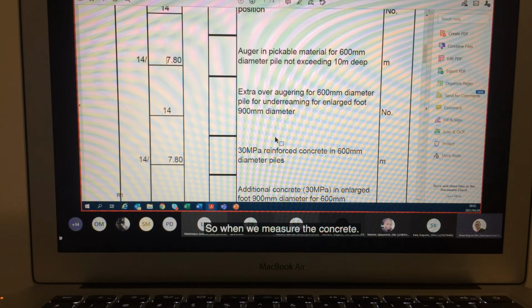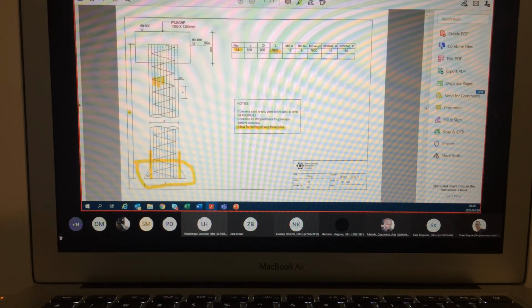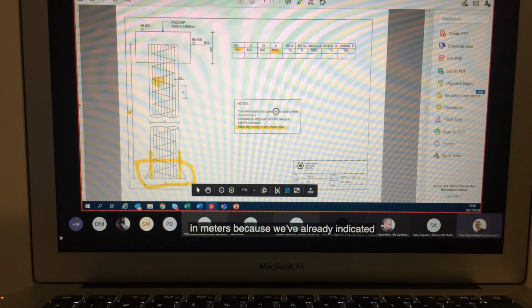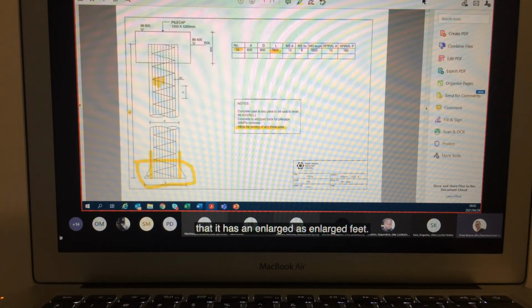So when we measure the concrete, we will not be pedantic about how we measure. We measure through that and we measure in meters because we've already indicated that it has an enlarged foot.